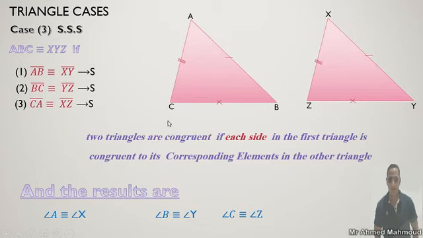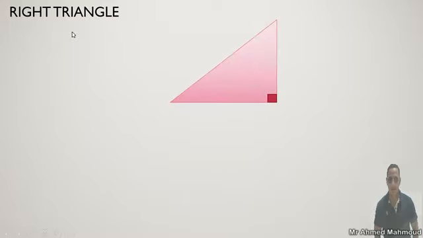Now we are going to learn the fourth case, which is called the case of the right angled triangle. It's called R.H.S. Okay, now we have two right angled triangles like this.